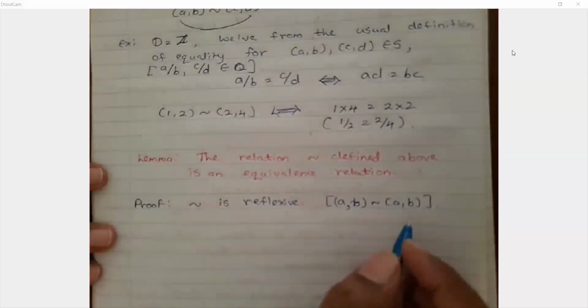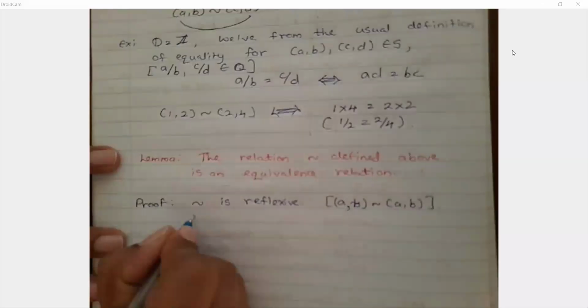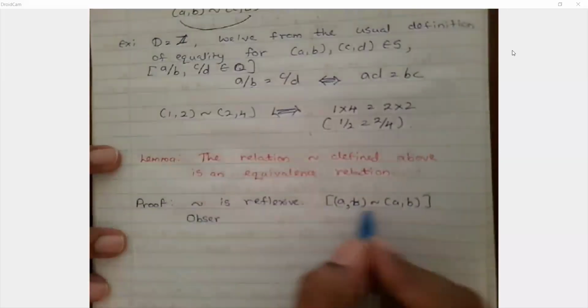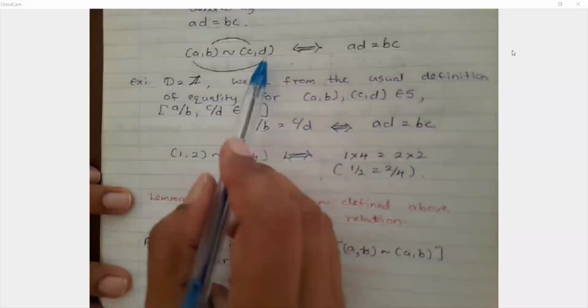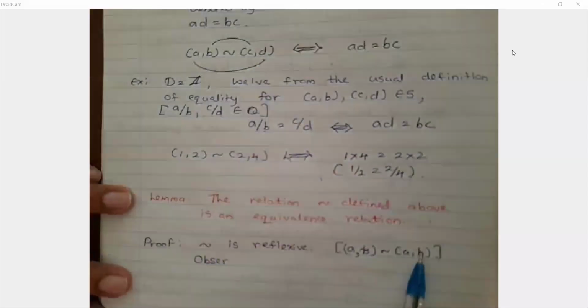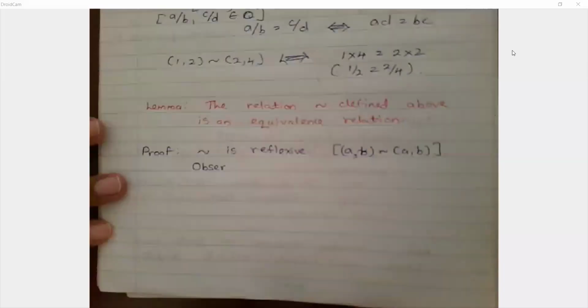Why do we have this? If these two elements are equivalent, then by the definition we must have A times B equal to B times A, right?